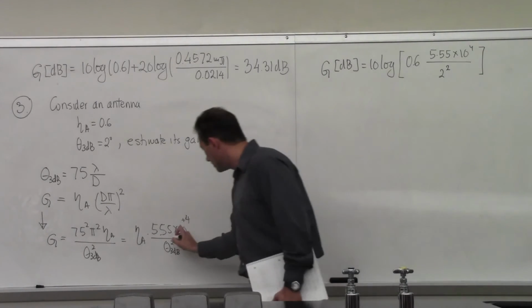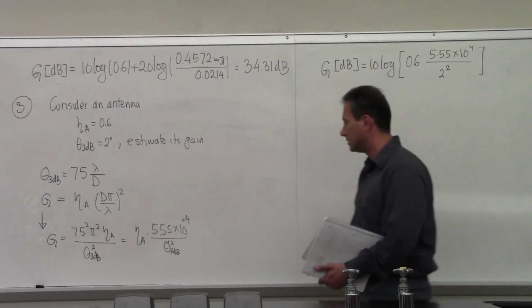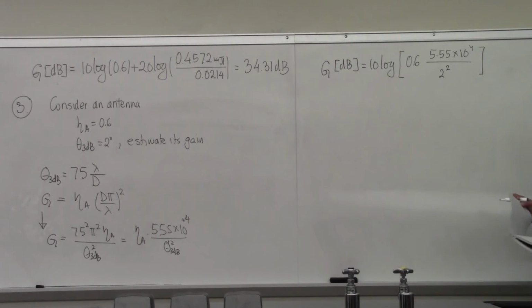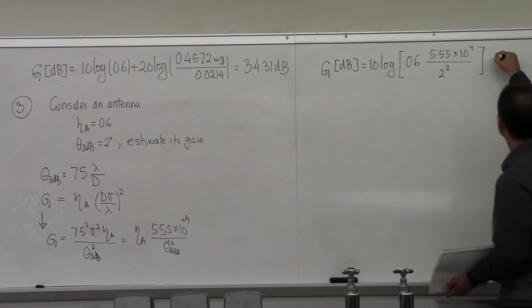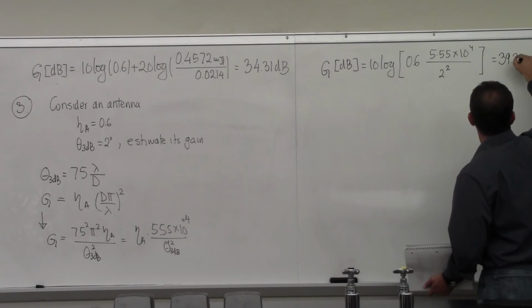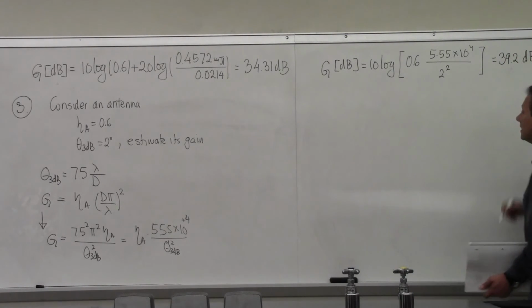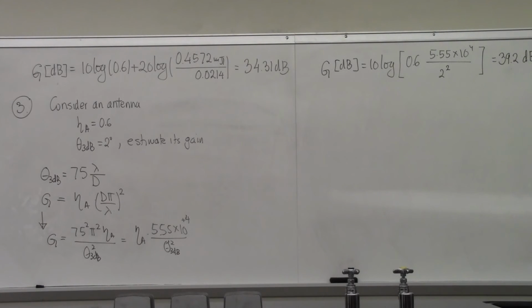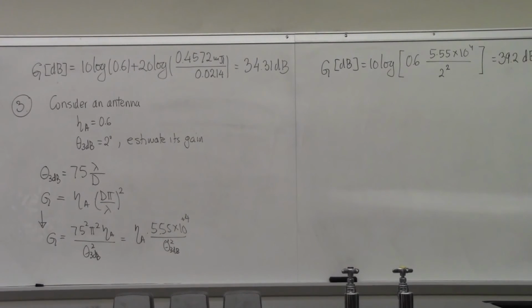I should really put degrees somewhere here so you know this theta is in degrees. This gives us a value of 39.2 dB. Again, something in the 30s, 40s, so that's a pretty large gain that we have with these kinds of antennas.